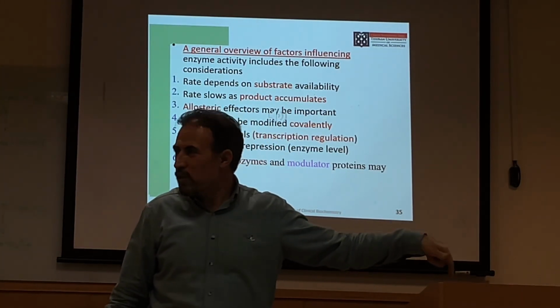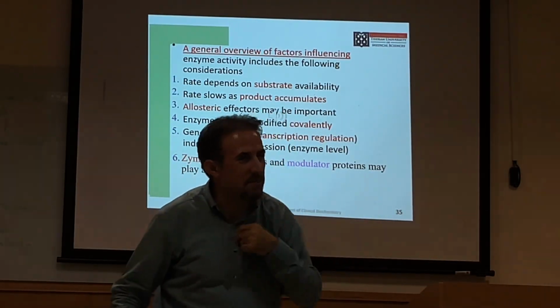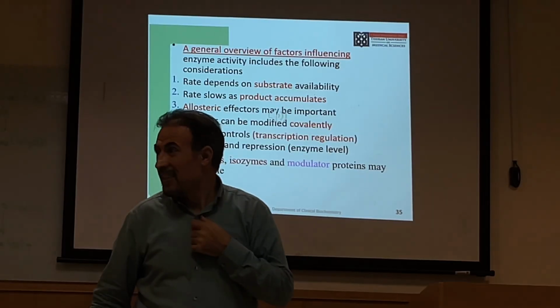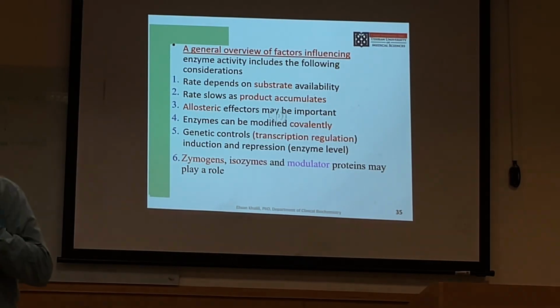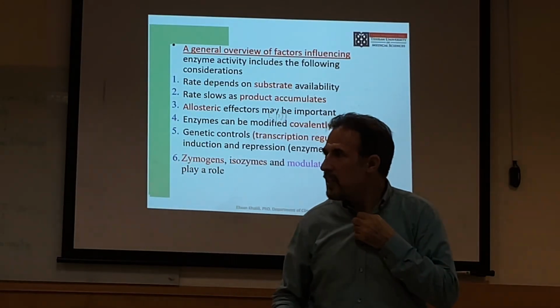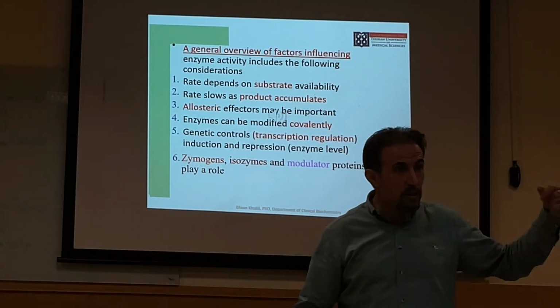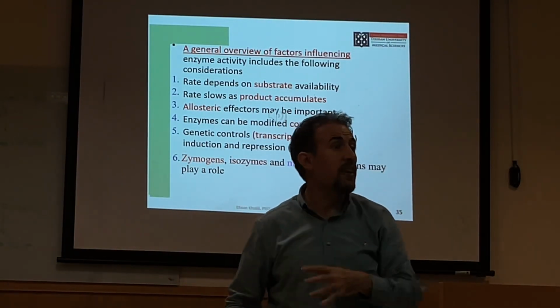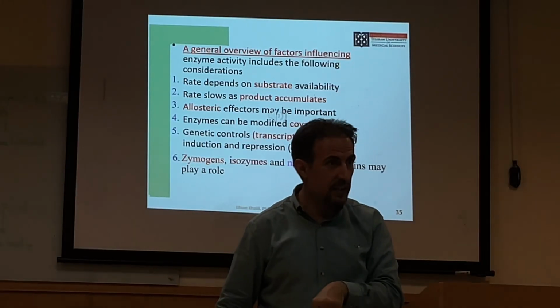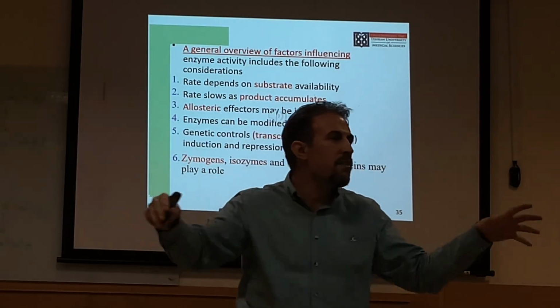If I have more product, I don't need to work more, because that product can inhibit me. We call it feedback inhibition. Sometimes the product of any pathway, sometimes some other pathway's products, actually affect this one. It's not just our pathway, because all of these processes are involved.